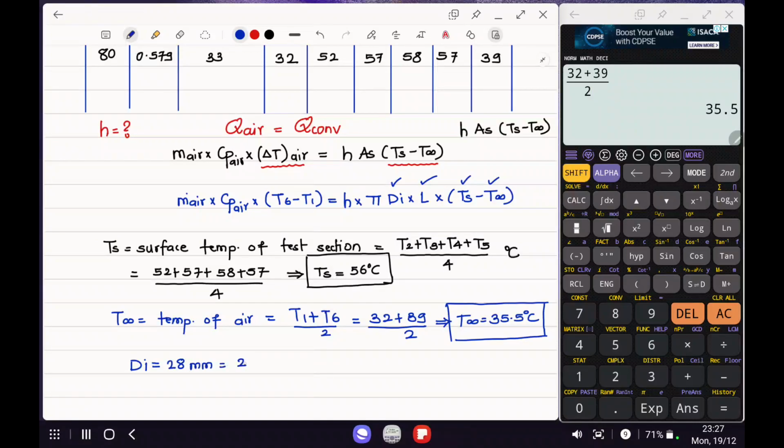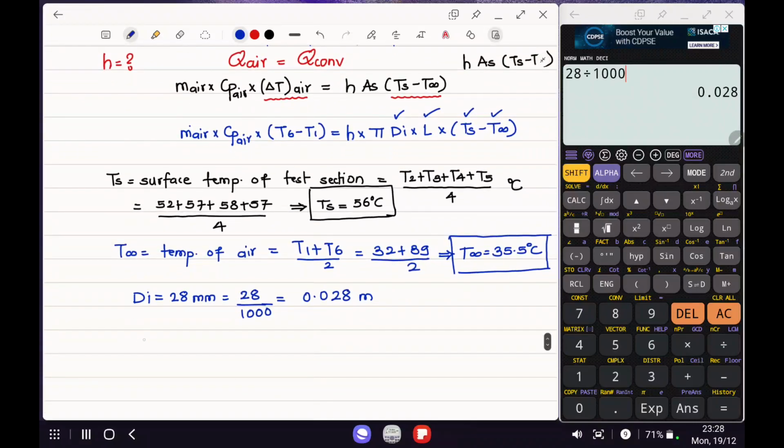I will be immediately converting it to meter. So 28 divided by 1000, let us confirm it, it will be 0.028 meter, the value of di.